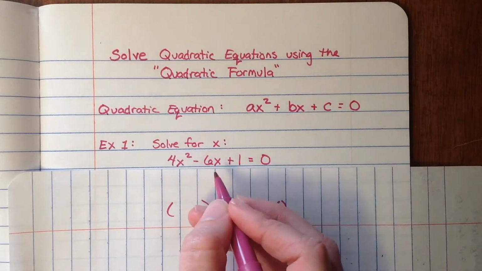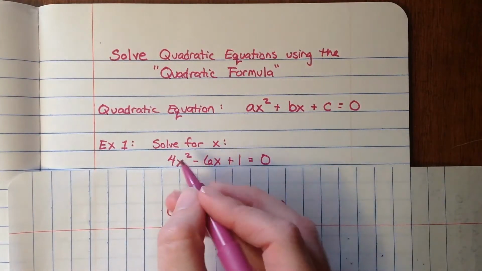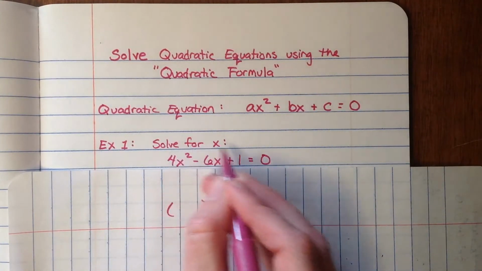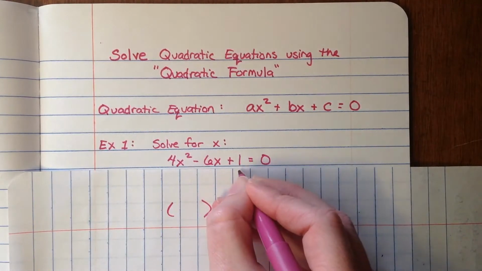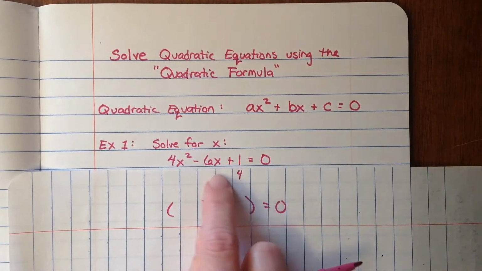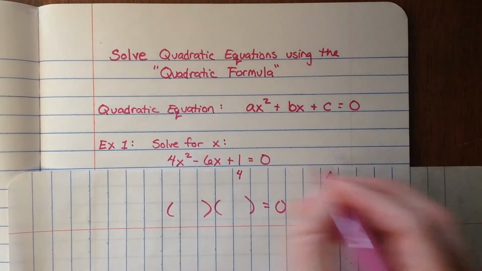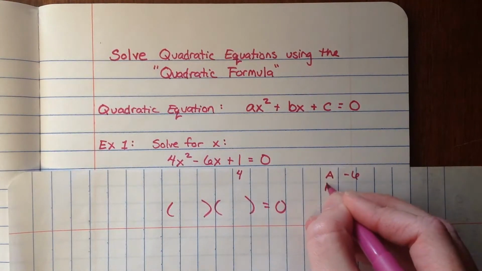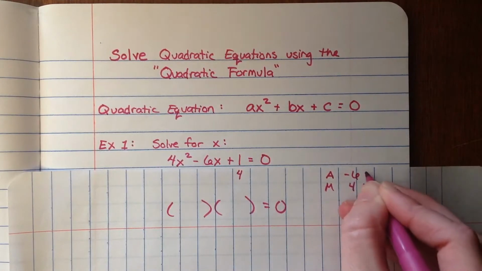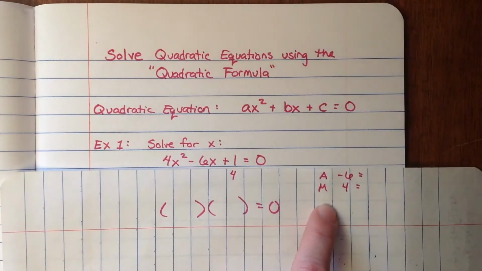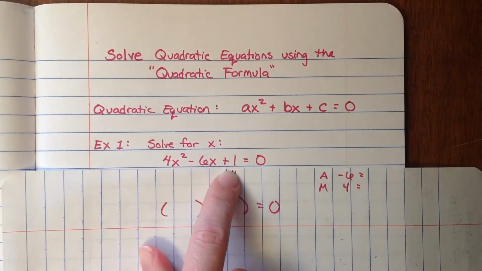That means I'm probably going to have to use the box method, and so I would have taken 4 and multiplied it by 1, and that would have given me 4, and I would have then said, okay, I need something that will add together to get -6 and multiply together to get 4. That's the beginning of that box method process, right, if I'm trying to factor this.